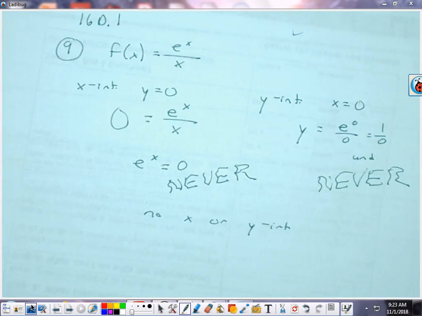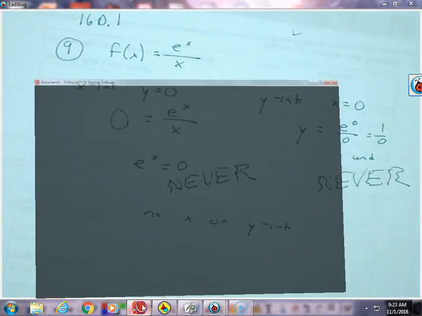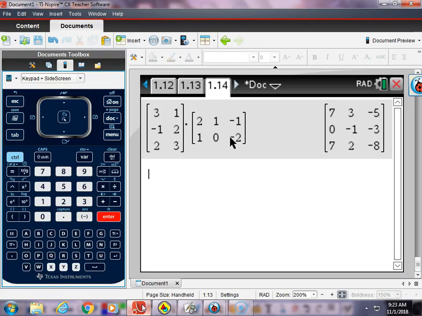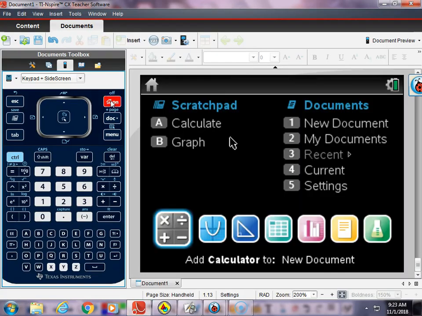Discuss f of x as x approaches infinity and negative infinity. Well, I'm just going to look at it. So graph e to the x over x. That's not a shape you would just be expected to know what it looks like.